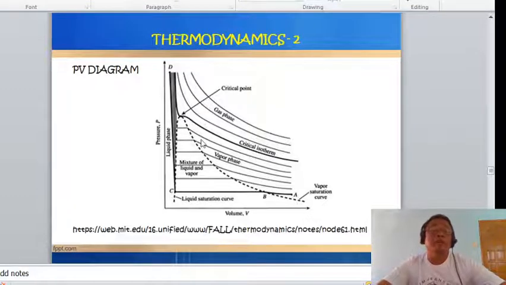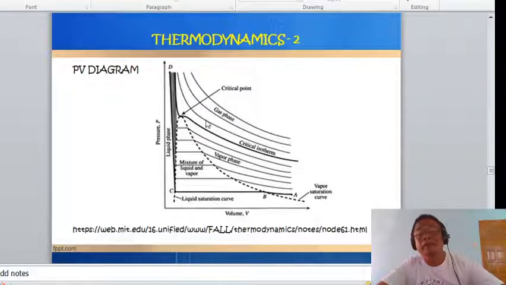If the steam, class, is beyond the broken line at the right portion, it is now a superheated steam.